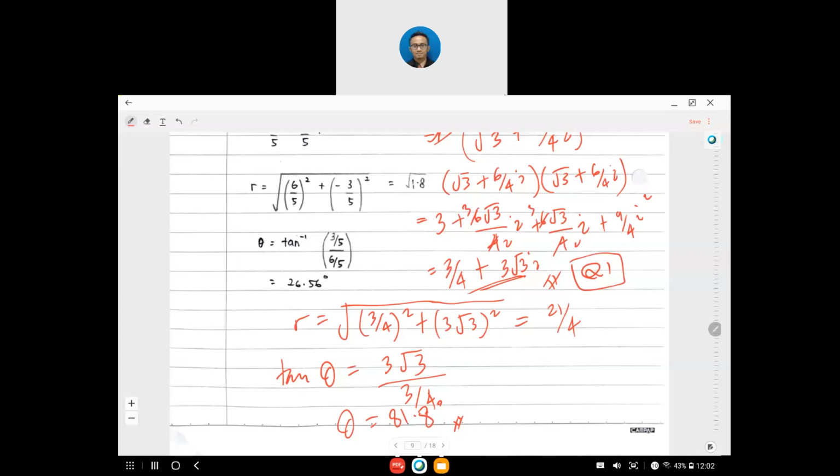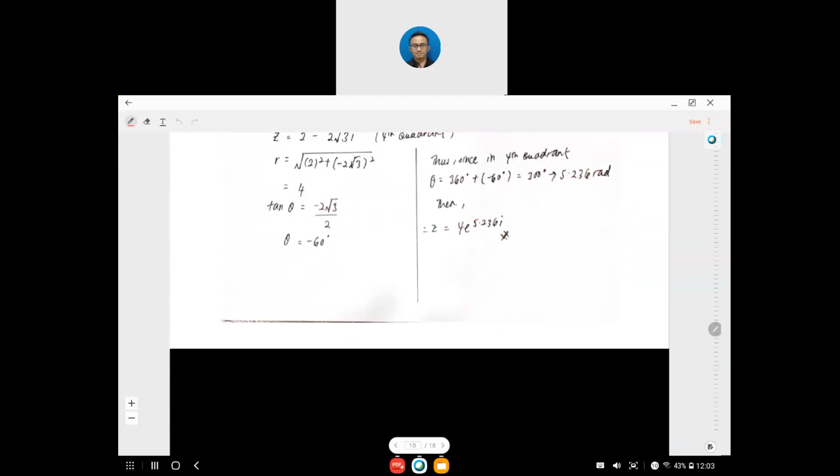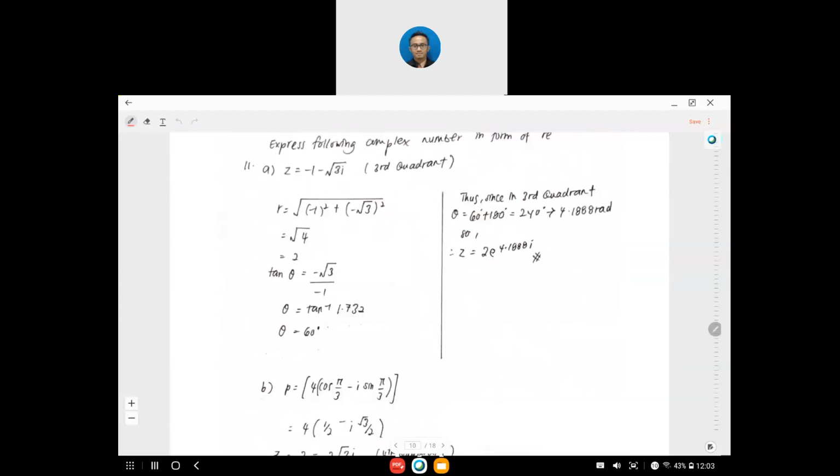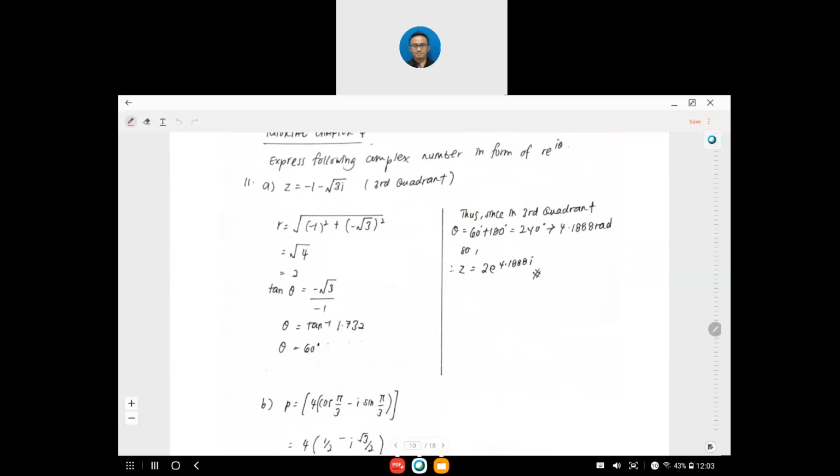Now, look at question 11. Express the following complex number in exponential form. Okay, A. Z equals negative 1 minus 3i. The i sits outside the square root.